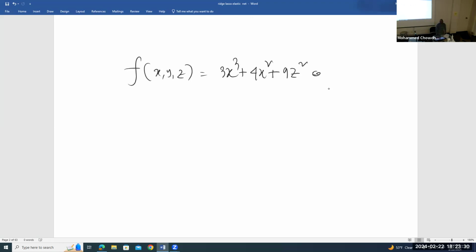Okay? So there are 3 unknowns, right? X, Y, Z. And then at the very beginning of the class, if I come and say to solve this with the condition 3x plus 3y plus 3z equal to 10, okay?